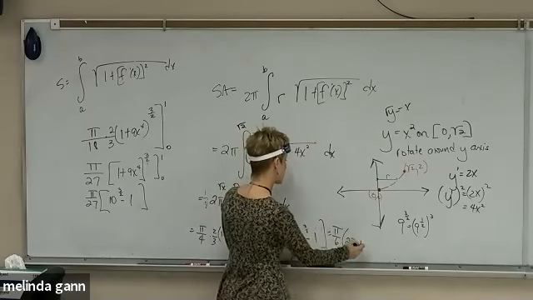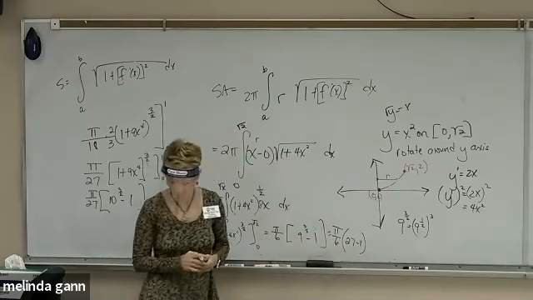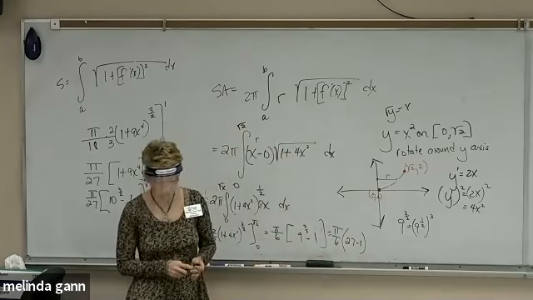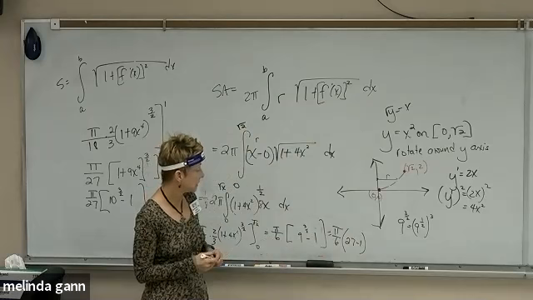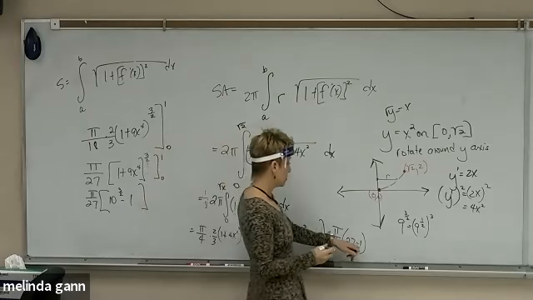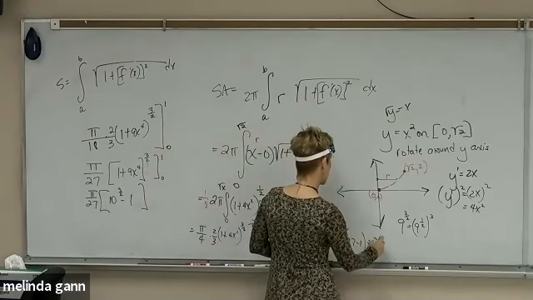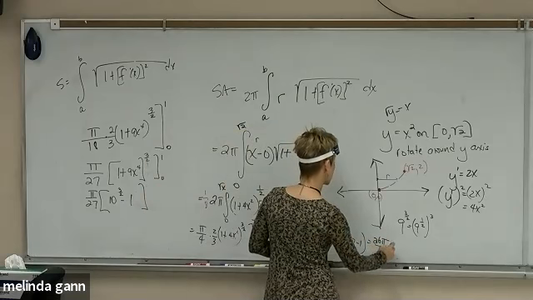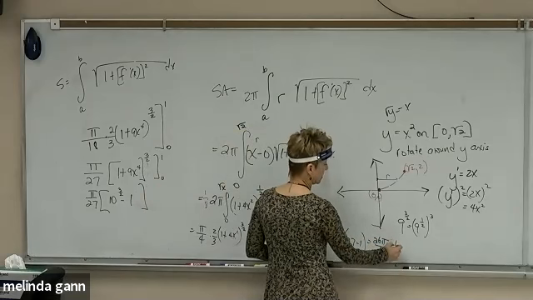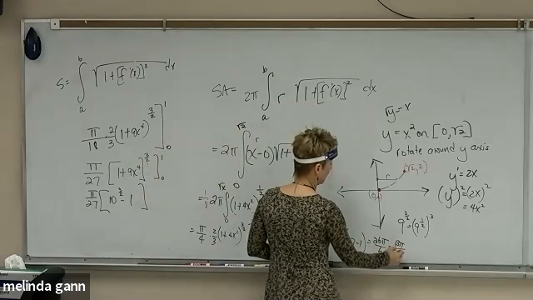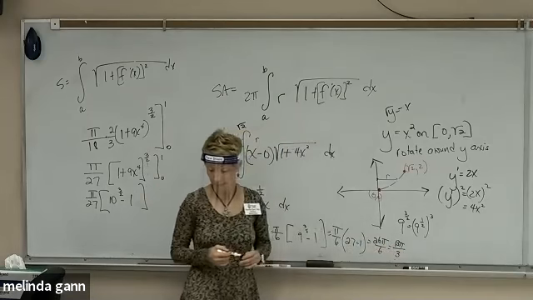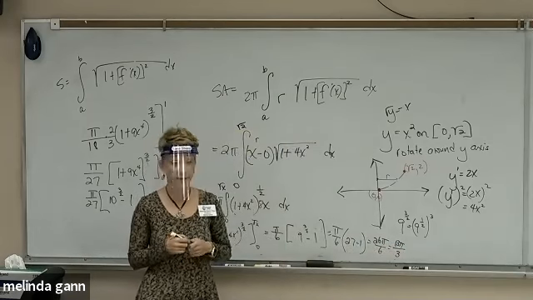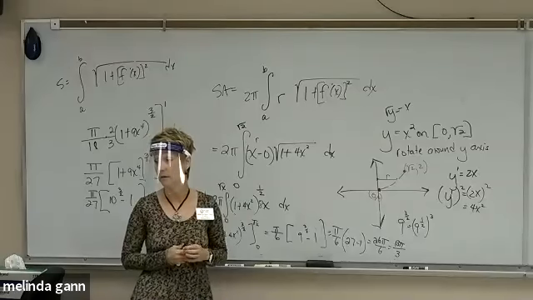But I still got minus 1, don't I? All right, so what's that going to give me? 26. So what's 26 pi over 6 simplify into? 13 pi over 3. Yep. And again, if you want a decimal approximation, you can get it.